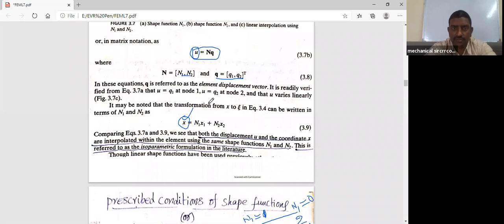So x is equal to N1 x1 plus N2 x2. This kind of usage of shape functions N1, N2 is known as isoparametric formulation. Here we are using the same shape functions for finding deformations and also for finding the independent variable x.